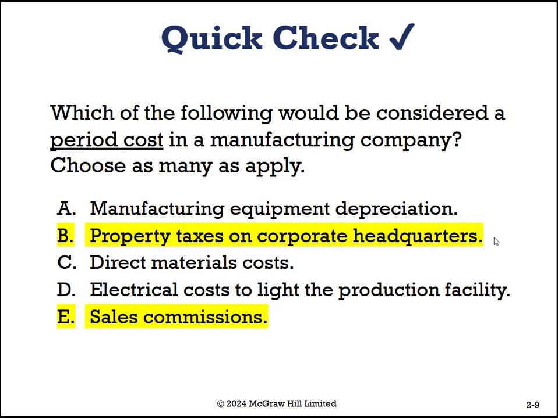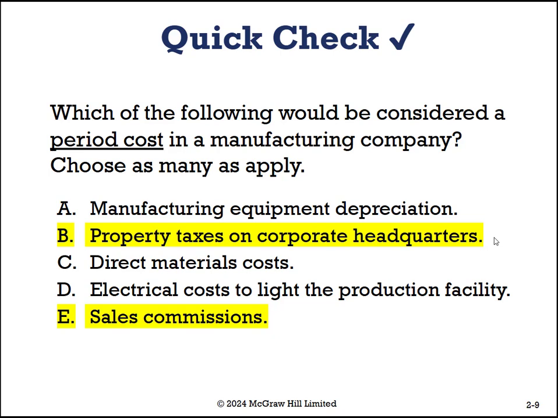Okay. So which of the following would be considered a period cost, aka a non-manufacturing cost? Well, we have manufacturing equipment depreciation. And this one might be tempting because you're like, well, depreciation, that's not directly tied to a product. However, because it's manufacturing equipment, maybe that's part of the thing that would grind the coffee grounds, right?